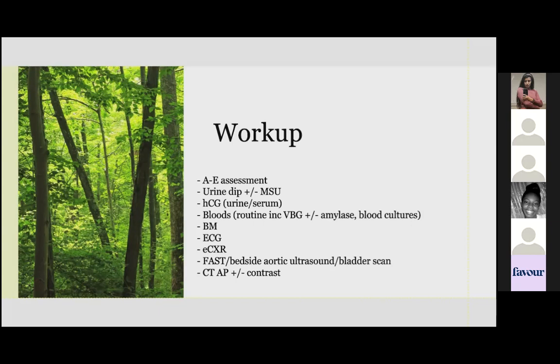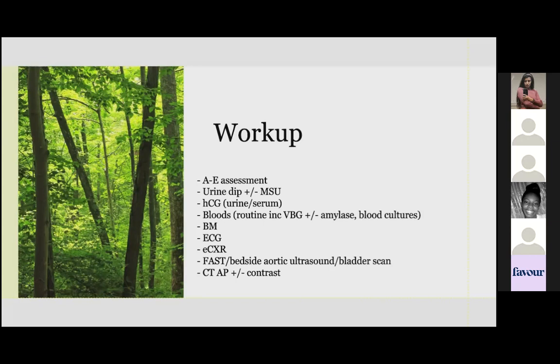A FAST scan is a bedside ultrasound scan that we sometimes do in A&E. This tends to be done for hemodynamically unstable patients, which isn't really the focus of this talk. We can do bedside aortic ultrasound, so you can look down the abdominal aorta and see if it's widened at any point, which can be indicative of a AAA.